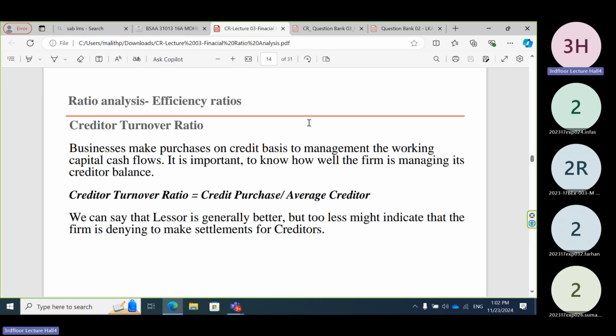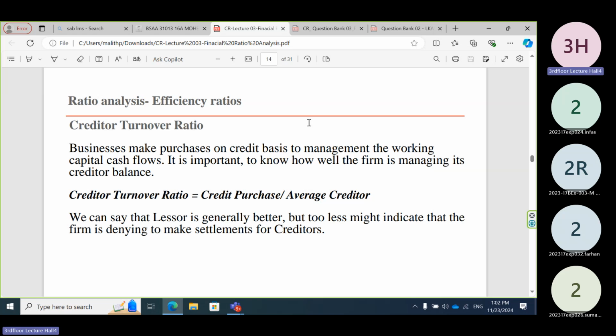Okay, then by using this, we can calculate the receivable collection period and creditor settlement period. If you have, let's say, a frequency of 10, it means for 365 days, you are taking 36 days to settle one creditor. That means creditor settlement period.